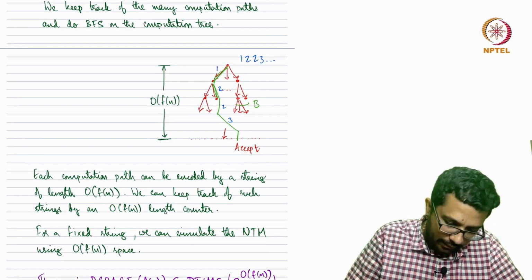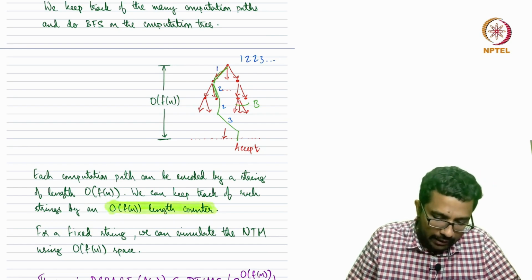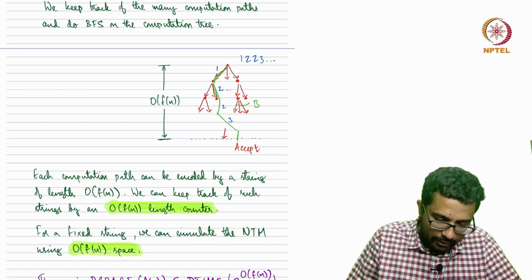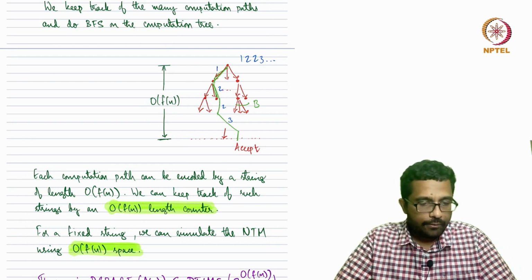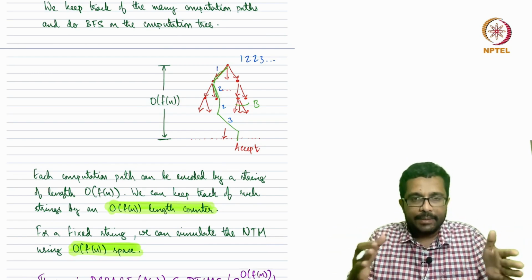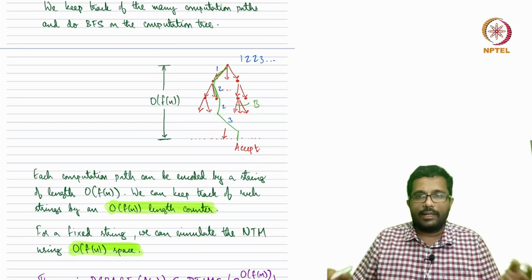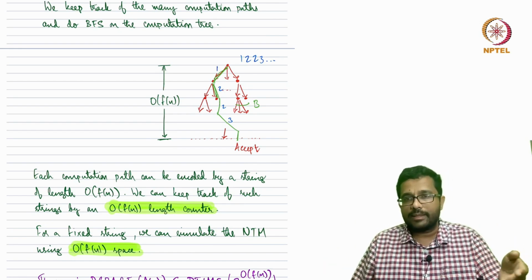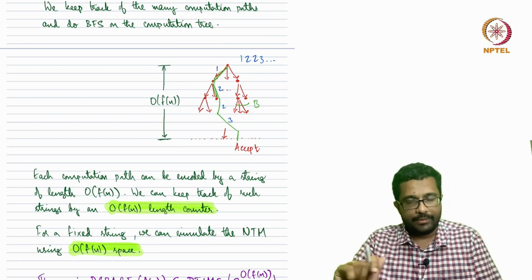We have this counter that keeps track of the computation paths, and then we need to simulate the non-deterministic Turing machine. Suppose you fixed a string, say 1, 2, 2, 3 something, and for that specific string we want to simulate the NTM. So there is no non-determinism there. The counter is already there, and based on the counter we decide the choices, right?